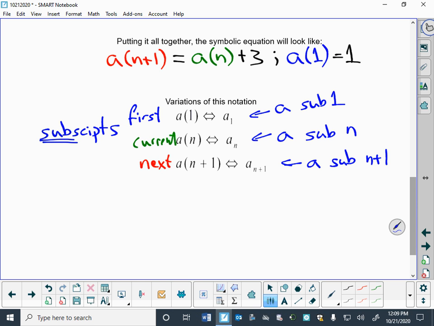So writing the equation above in this notation would look like a sub n plus 1 is a sub n plus 3; semicolon, and a sub 1 is 1.